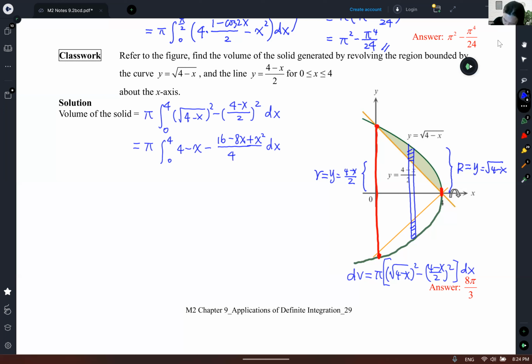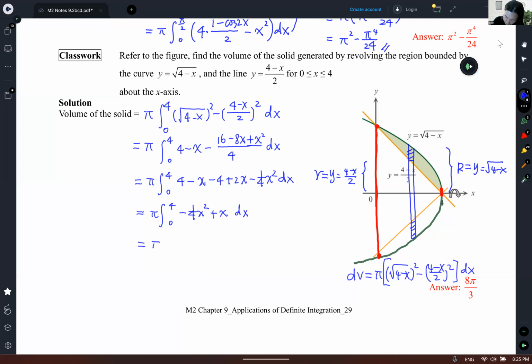And then this is pi times 4 minus x minus 4 plus 2x minus 1 over 4 x squared dx. Make sure the signs are fine. And then pi from 0 to 4 of negative 1 over 4 x squared plus x dx.